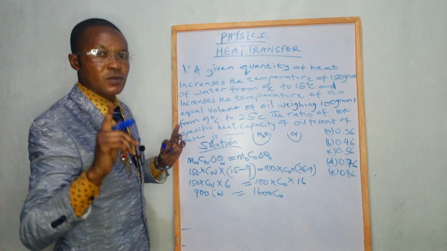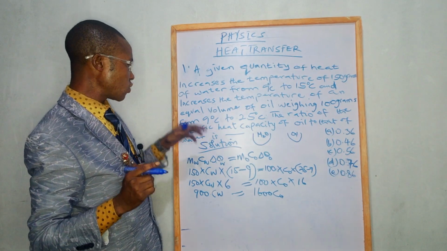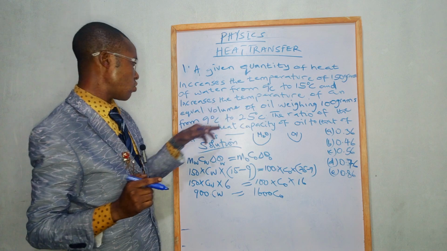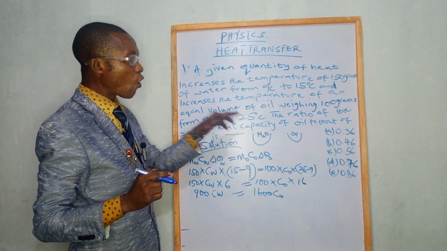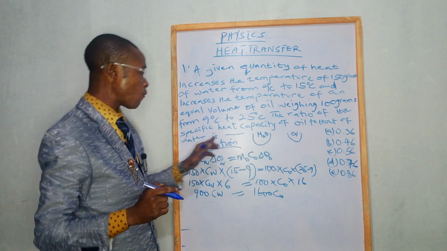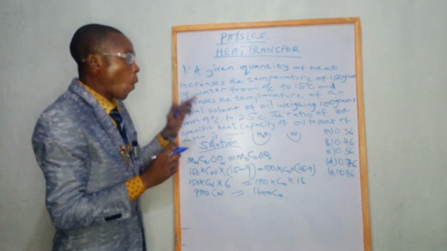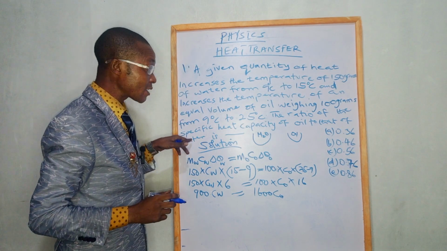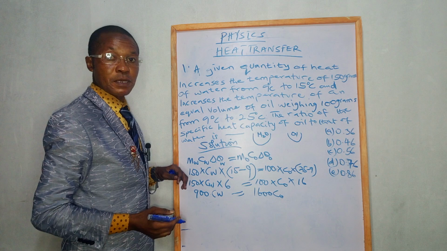Then here you must be very careful. Look at the question. The question is asking you the ratio of the specific heat capacity of oil to that of water, not of water to that of oil. So as a result, oil must be on top, while the specific heat capacity of water must be below.